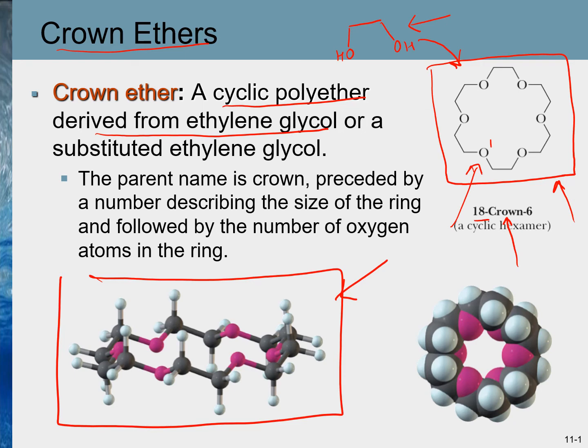If we count, that's 1, 2, 3, 4, 5, 6, 7, 8, 9, 10, 11, 12, 13, 14, 15, 16, 17, and 18. So the size of this ring is 18, and that number precedes the parent name crown. The end number, which is 6 in this case, represents the number of oxygen atoms. So we have 6 oxygen atoms, hence the name is 18-crown-6.